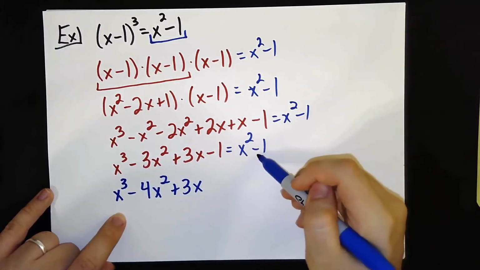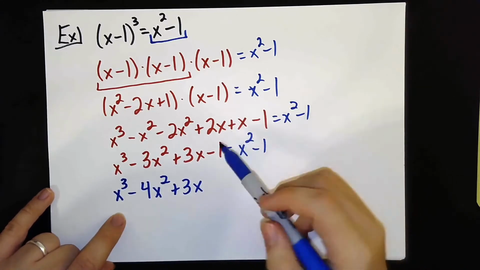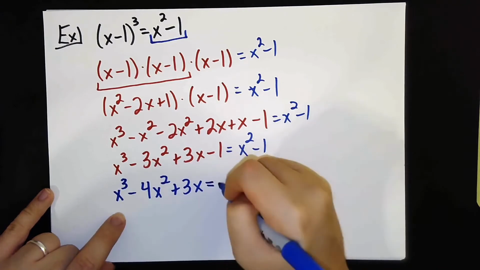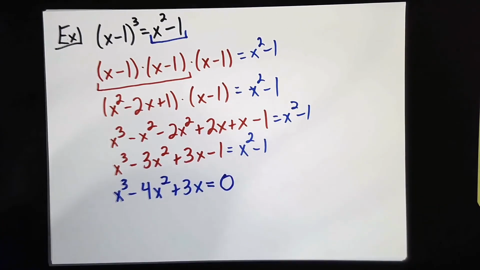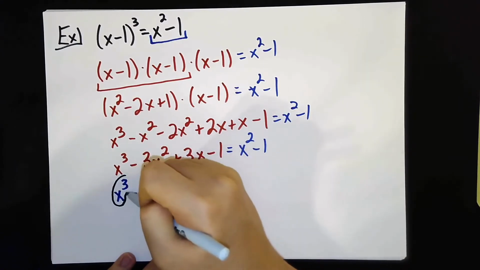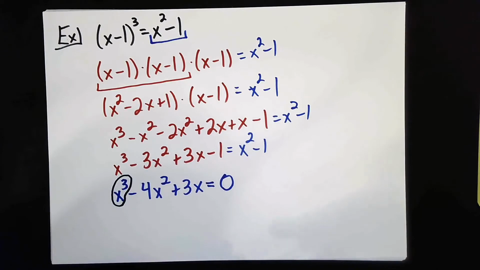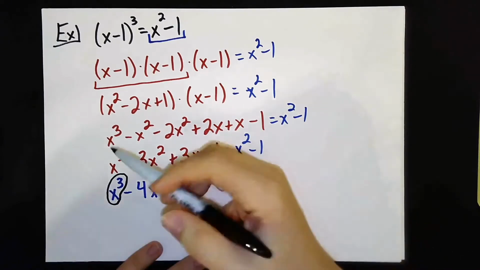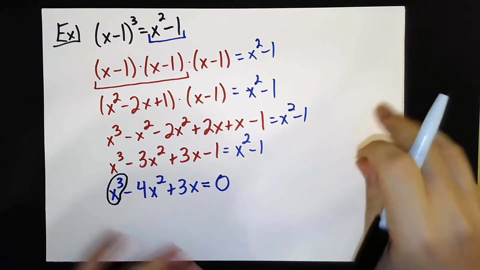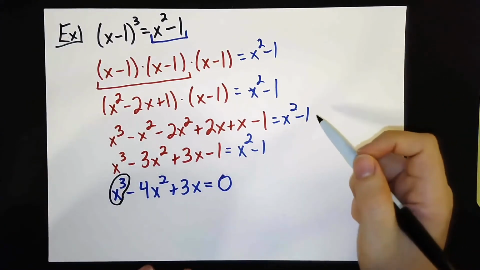And actually the minus 1, when I move it over, I add 1, and so this minus 1 goes away. And so I just get equals 0. And so, if you didn't see it before, now you see what I mean by the fact that we're solving a cubic equation here, because I've started now with an x cubed instead of something with an x squared like we had in the previous examples.